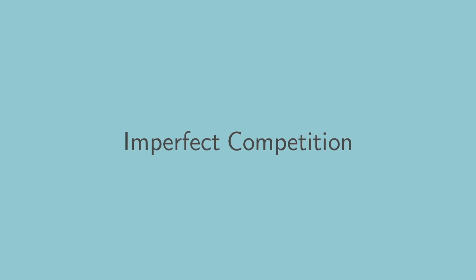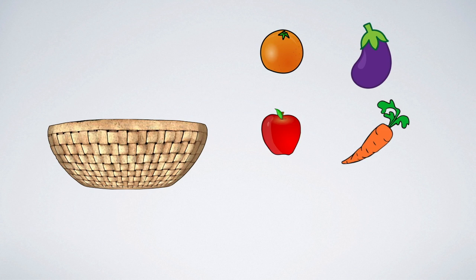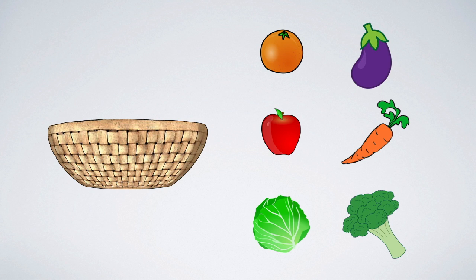First, we start from the concept of imperfect competition. In the past, we focused on a basket of goods, and we just treated this basket of goods as the only thing that is produced in the economy. But actually, in the economy, the basket contains so many different items, and these are different from each other.